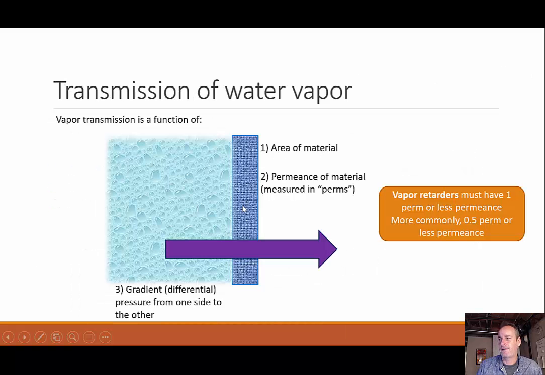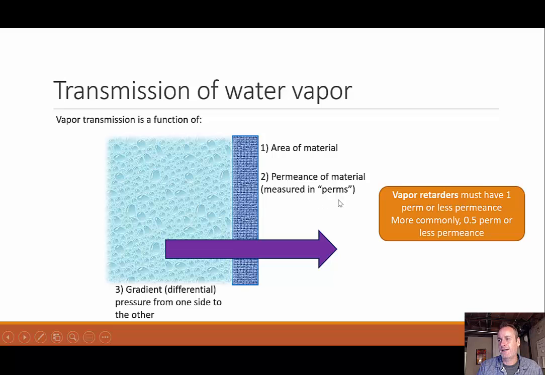So when we talk about this transmission of vapor through a retarder, there are three things that can really promote or decrease this vapor transmitting through our retarder, right? The area of the material, the cross-sectional area: the thicker the material, the more it can retard the moisture seeping through. Also, the permeance of the material, or permeability, you may be more familiar with that term.